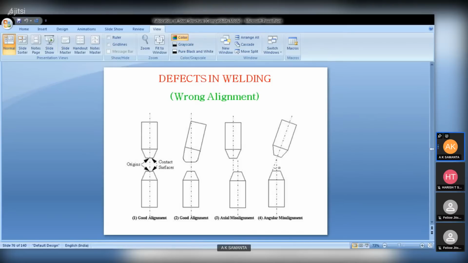Then we apply welding from the opposite side so that the bending is balanced again. Otherwise, after one run of welding we have to make the material straight before the second run of welding. When it is straight again, the second run is carried out. So this is wrong alignment or misalignment.